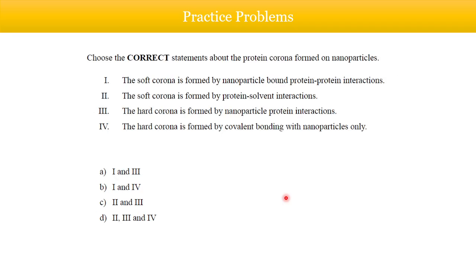Now choose the correct statements about the protein corona formed on nanoparticles. Soft corona is formed by nanoparticle bound protein-protein interactions. It's formed by protein solvent interactions. The hard corona is formed by nanoparticle protein interactions, or hard corona is formed by covalent bonding with nanoparticles only.